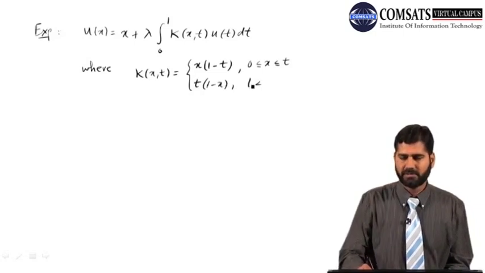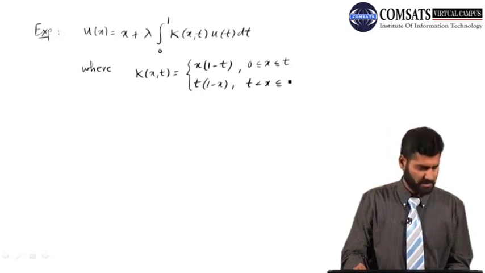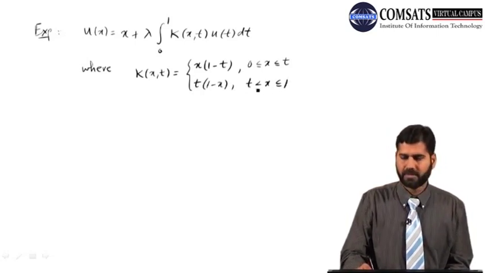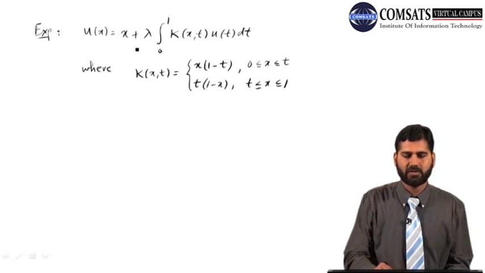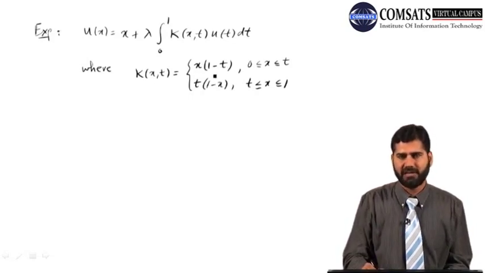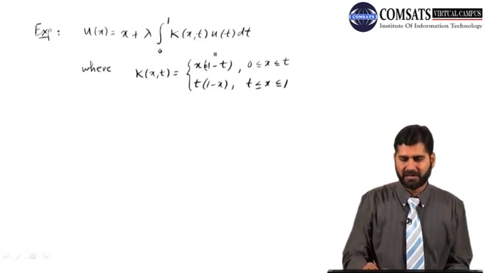So this is our example, with x less than eta less than 1. This is our example from the previous slide: u(x) is equal to x plus lambda times the integral from 0 to 1 of K(x,t) u(t) dt, where K(x,t) is given by this one. You can use eta for t, it's your choice, but you will see both.